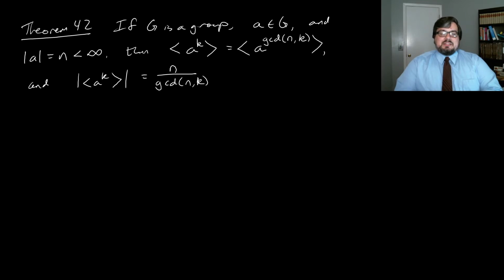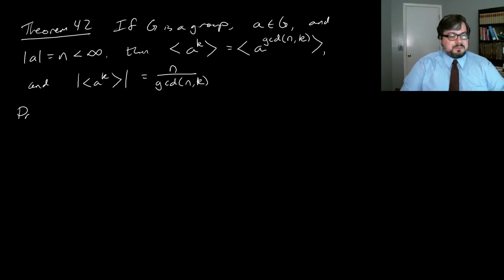So this is a situation where we're looking at an element a of finite order, and so it generates a cyclic subgroup that's of finite order, but then we're looking at the cyclic subgroup generated by a power of a. And we want to know what happens there. And that's what this theorem tells us. So let's see how that goes. Let d be the greatest common divisor of n and k.